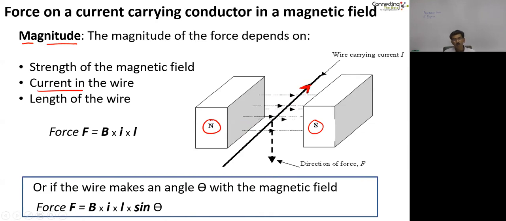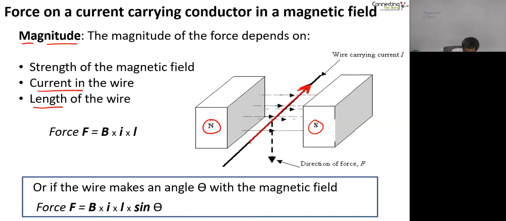Otherwise, the wire would not experience a force. So, greater the current, greater the force. So that is the second factor to determine the magnitude of the force. The third one is the length of the wire. The longer the wire, the greater the force. So the force is directly proportional to all three factors: the strength of the magnetic field, the current in the wire, and the length of the wire.